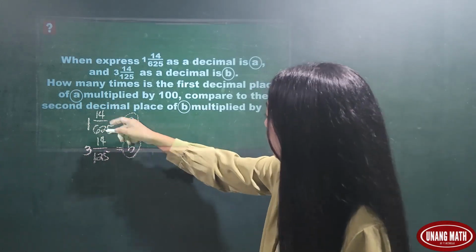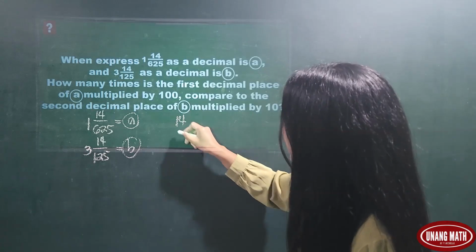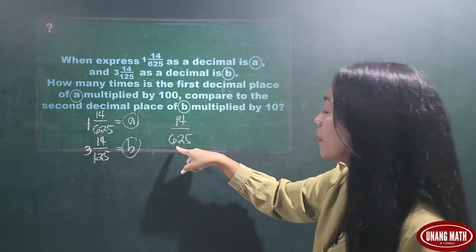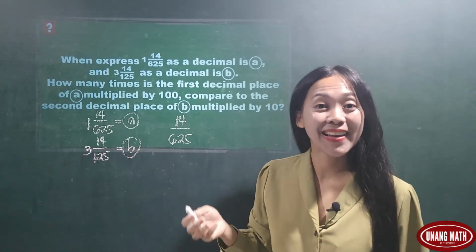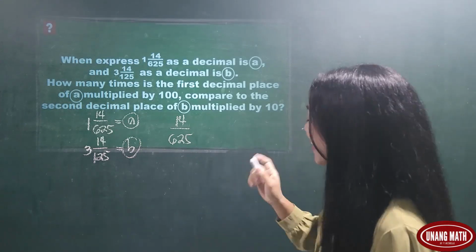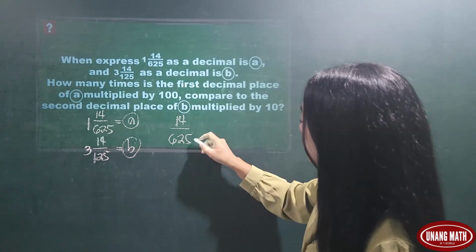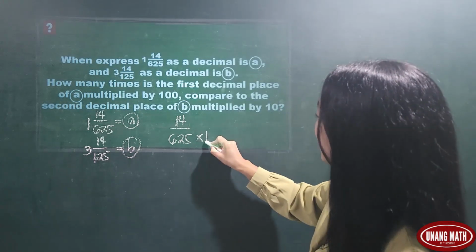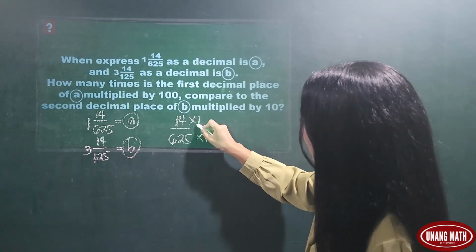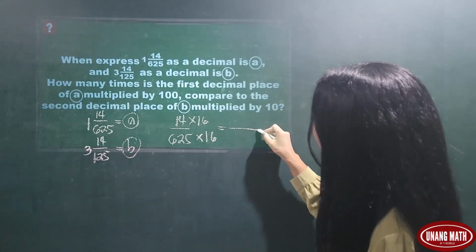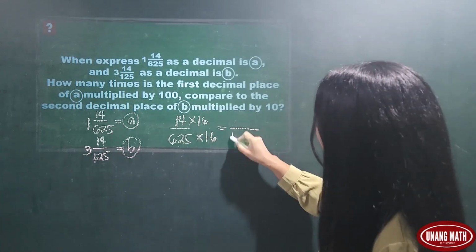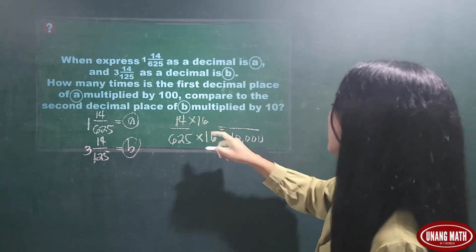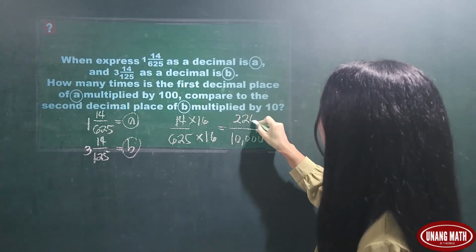Let's start with 1 and 14 over 625. Take the fraction 14 over 625. We need to make the denominator 10,000. So, we multiply 625 by 16, and we also multiply 14 by 16. 625 times 16 is 10,000. 14 times 16 is 224.